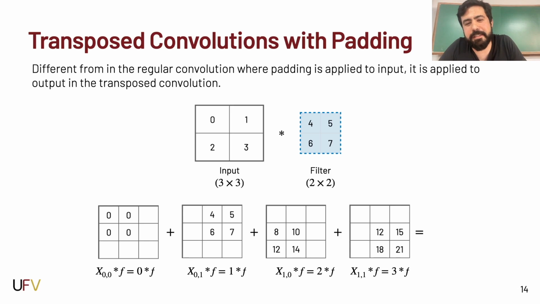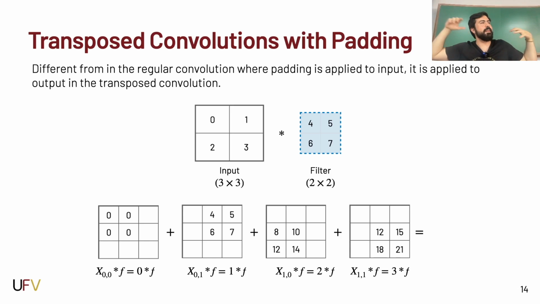Okay, and padding, it's funny because it seems like a hack, but intuitively, when we added padding in the regular convolution, normally we want to keep the output the same size as the input. So we add padding to the input to keep the same size or even increase the output.